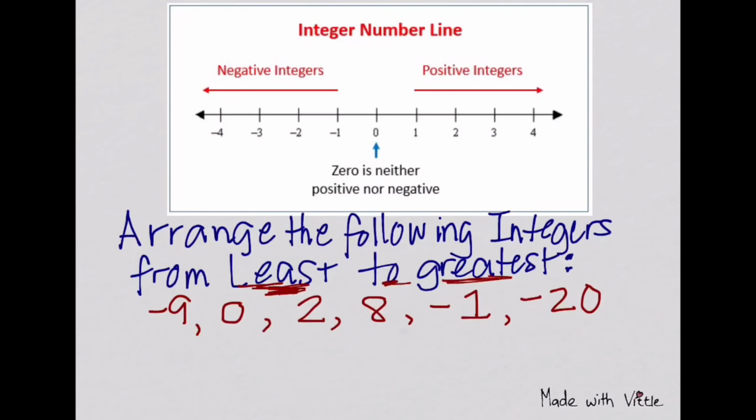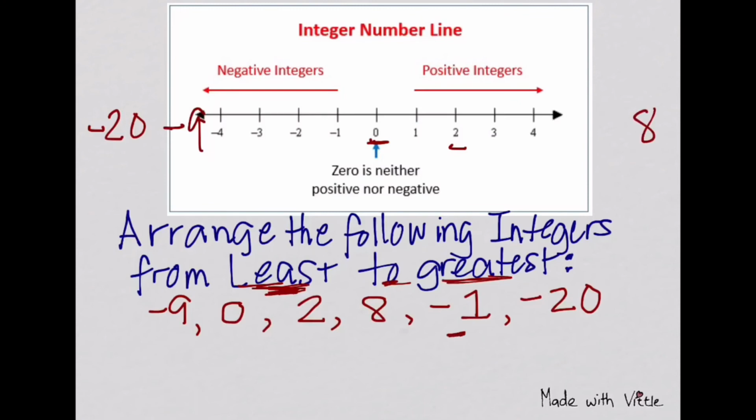If I am just beginning to learn this, I will always draw my own number line, and then place the numbers where they should go. I know negative 20 will be all the way down here to the left, and negative 9 will be about here. There's the 0 already, there's the positive 2, and positive 8 will be here.